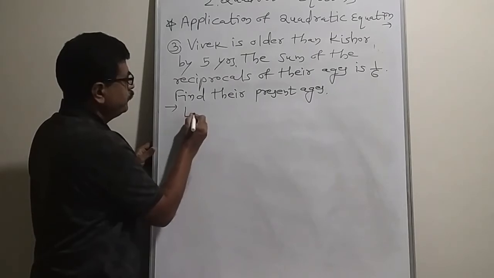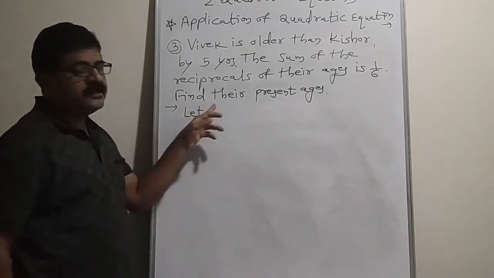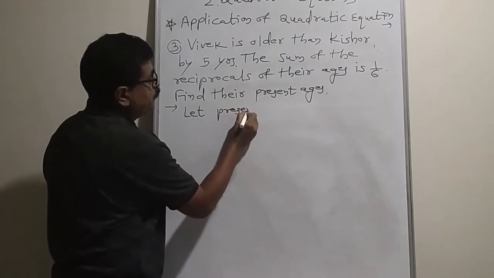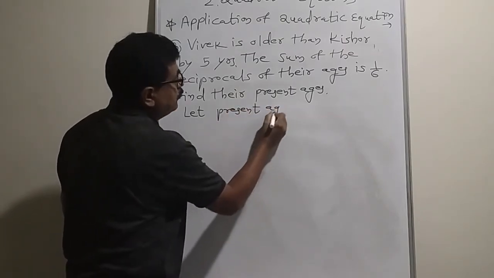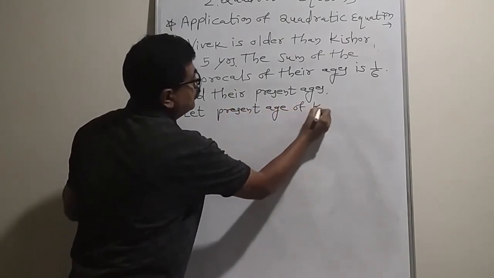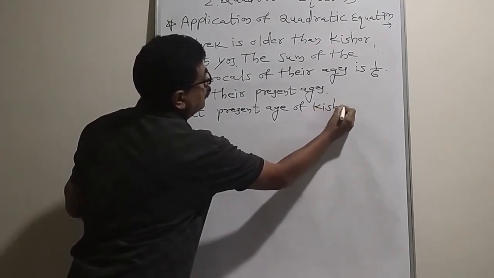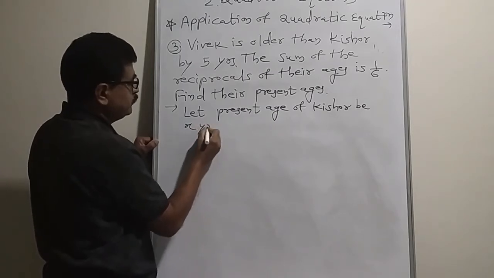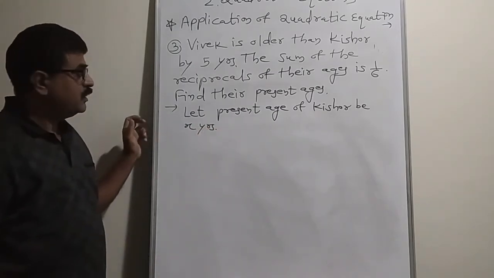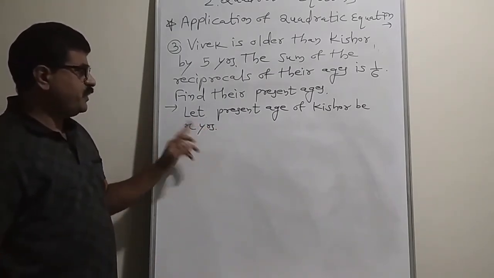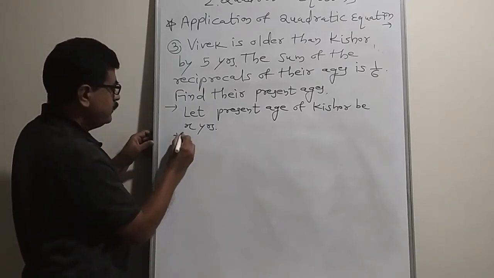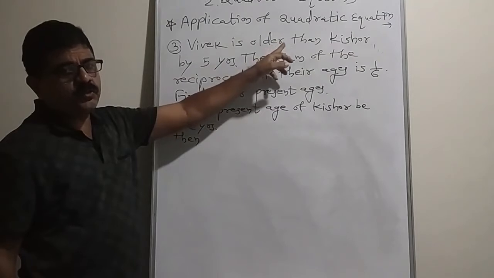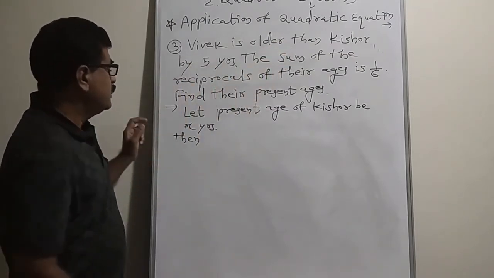Let the present age of Kishore be x years. Then, as given, Vivek is older than Kishore by 5 years.